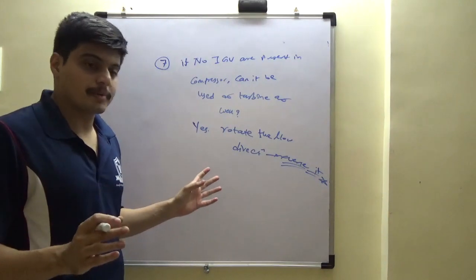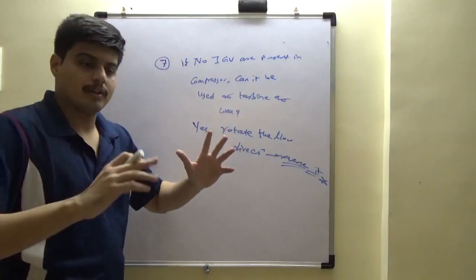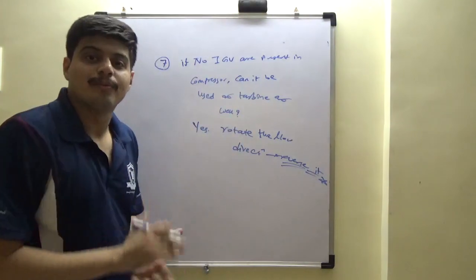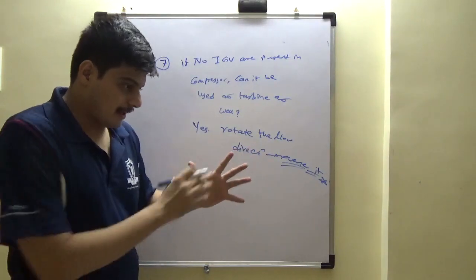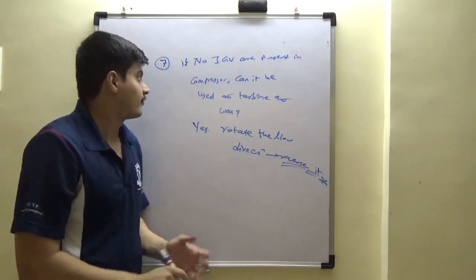If IGVs are not present, this acts as a compressor and compresses the flow, or this acts as a turbine and expands the flow. Imparting energy, compressing it; extracting energy, expanding it.